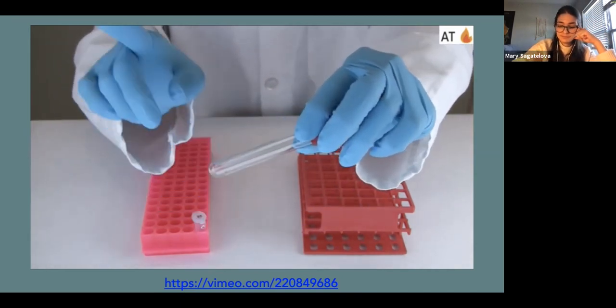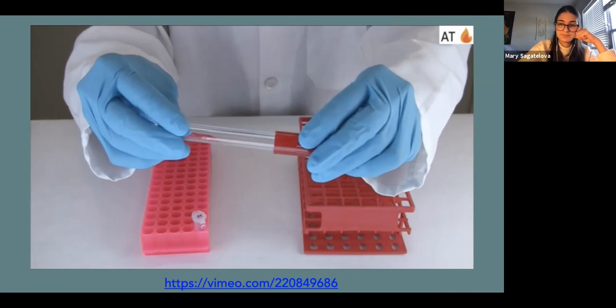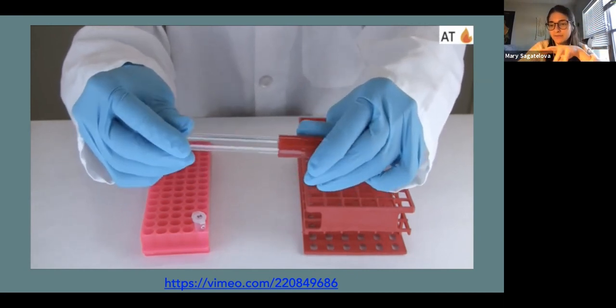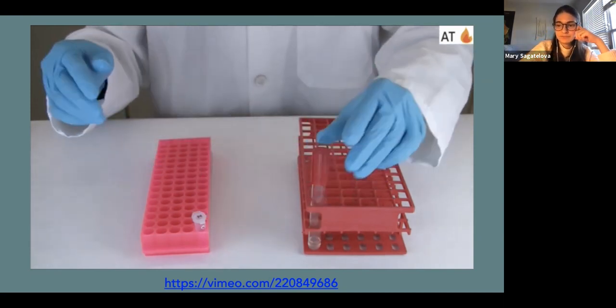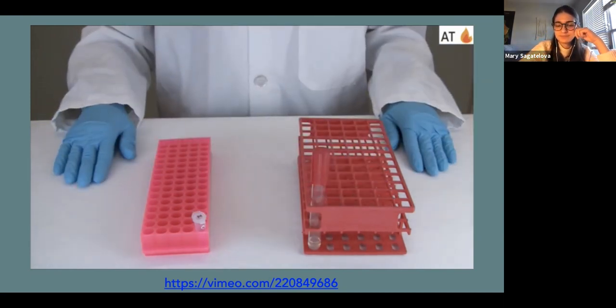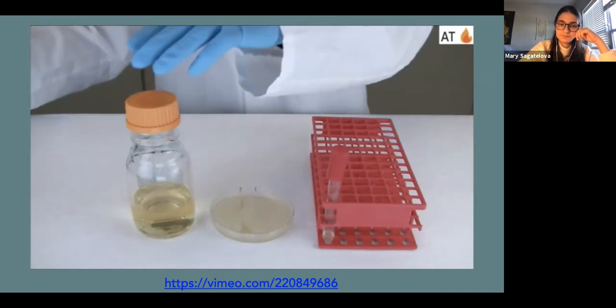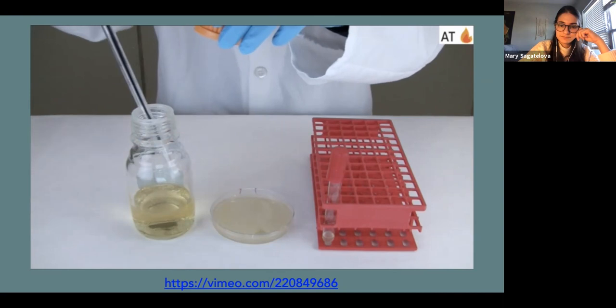Mix by flicking the tube or rotating the tube at an angle. Don't invert it because it will come out of the cap. Just a gentle tilt. Allow the sample to incubate. Once the sample has been incubated, transfer warm, molten top agar to the sample.